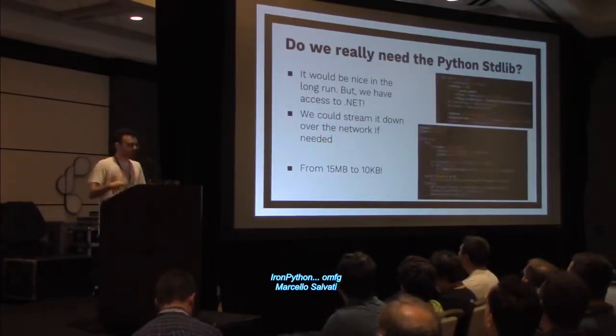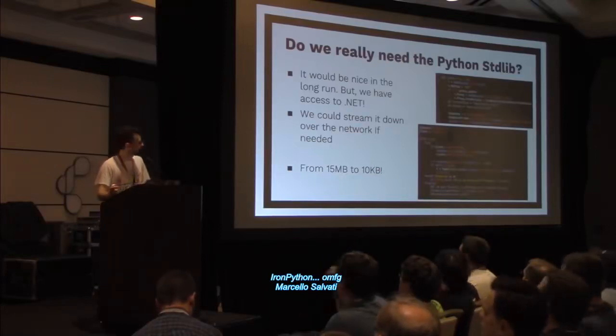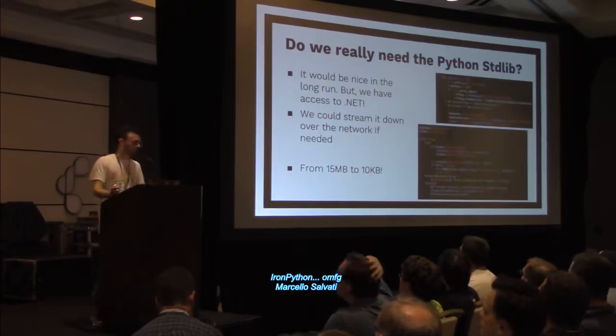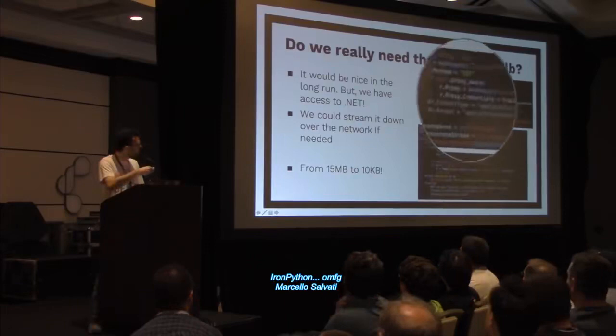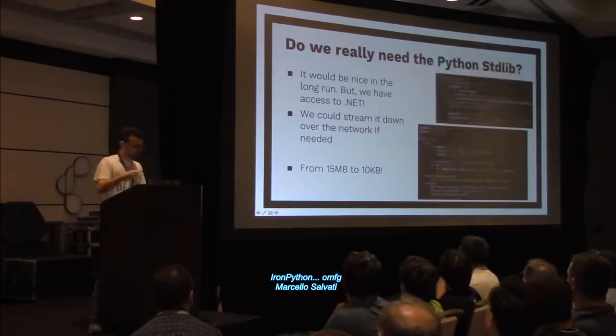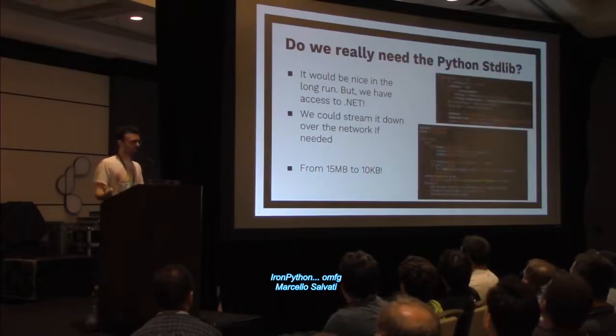So when I first started writing this, I thought to myself, do we really even need the Python standard library? Because we have access to .NET, so we can just download stuff with .NET using WebRequest.Create. We can do everything that .NET does, only in Python. So do we really need the Python standard library?